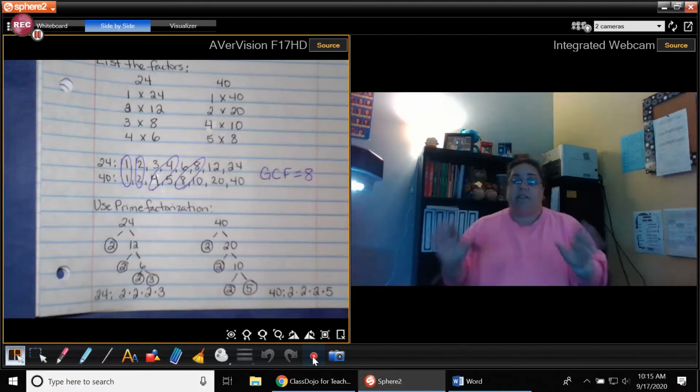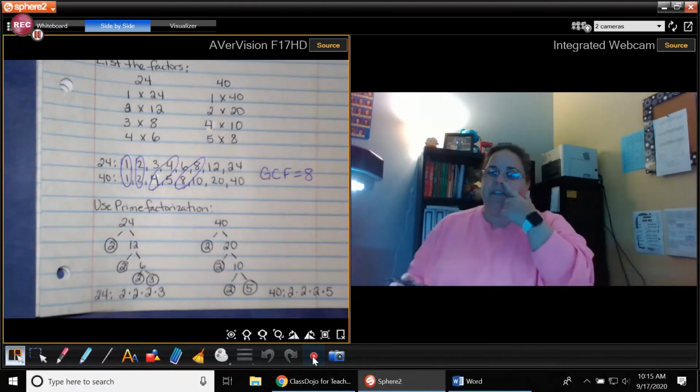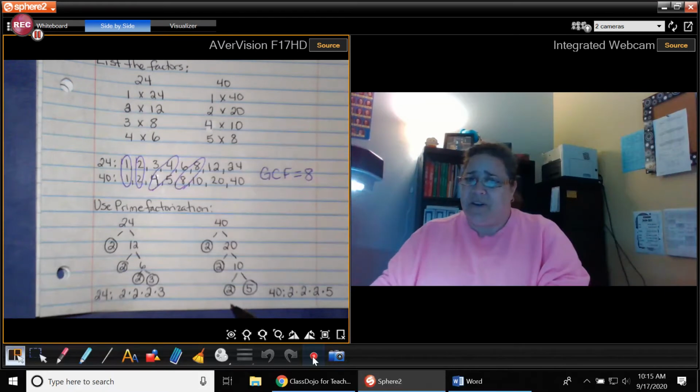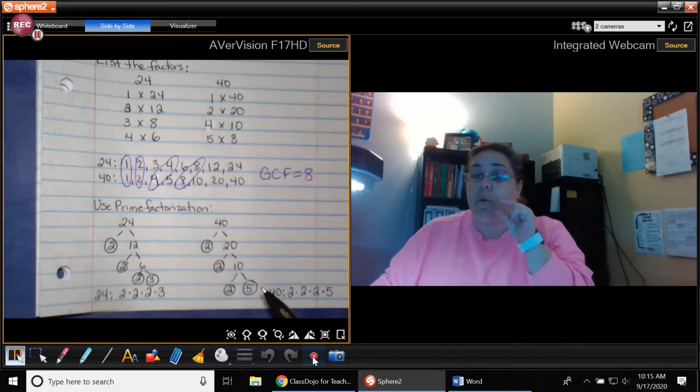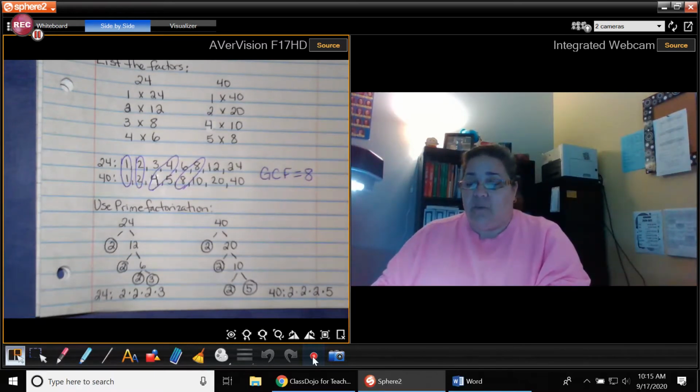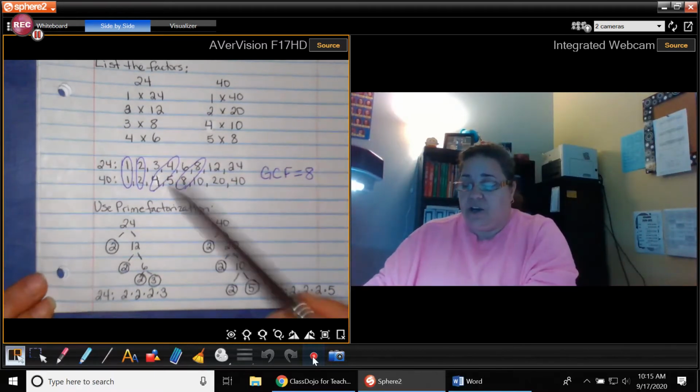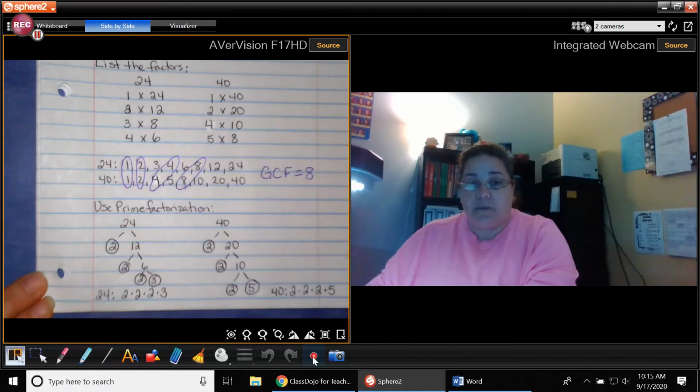Okay, so I've done the prime factorization, but it still didn't tell me what's the greatest factor yet, right? I have to do a little bit more work, all right? So just like when we compared factors here, we're going to compare the prime factors down at the bottom, okay?